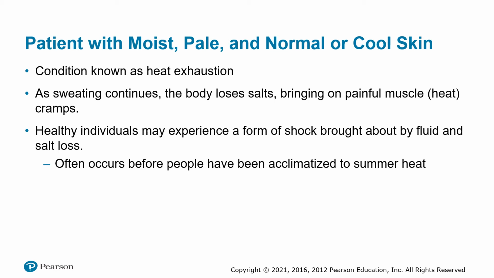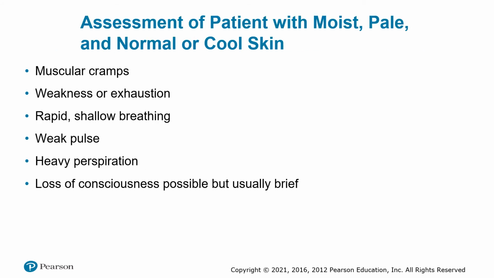Healthy individuals may experience a form of shock brought about by fluid and salt loss, and it often occurs before a patient has been acclimatized to the summer heat. So they're going to have some muscular cramps, weakness or exhaustion, rapid shallow breathing, weak pulse, heavy perspiration, loss of consciousness is possible but usually brief.